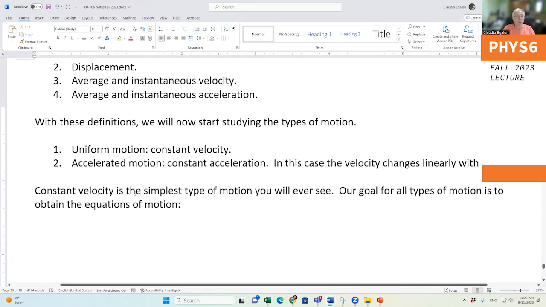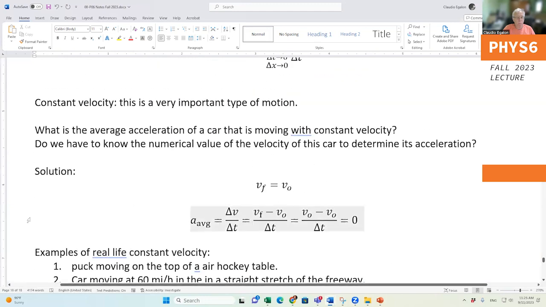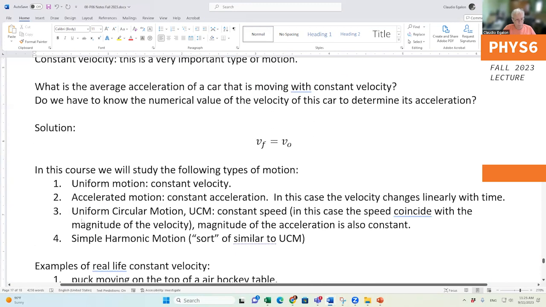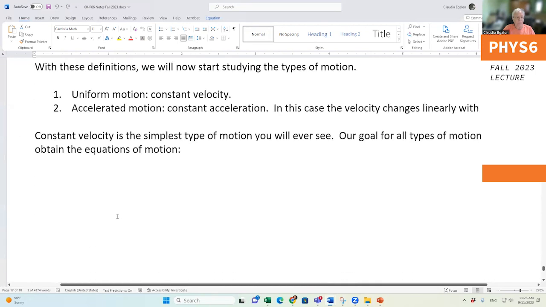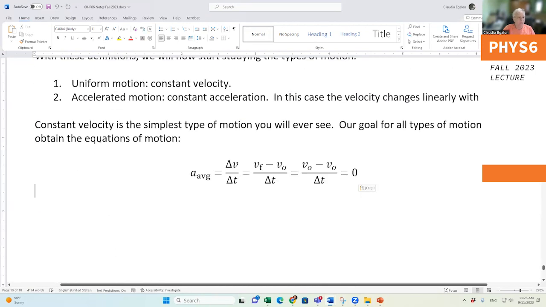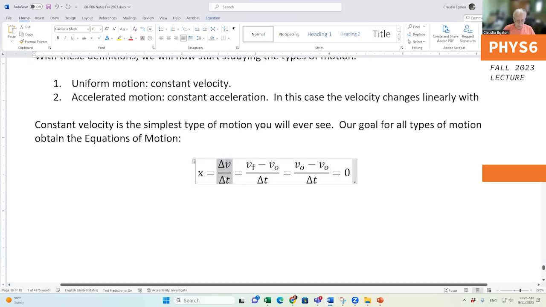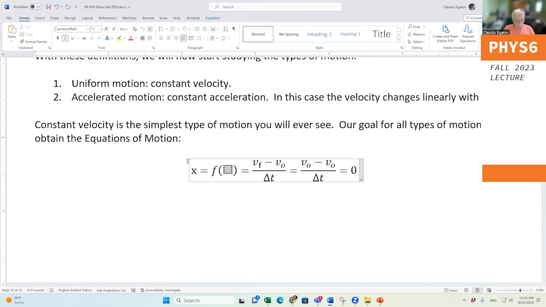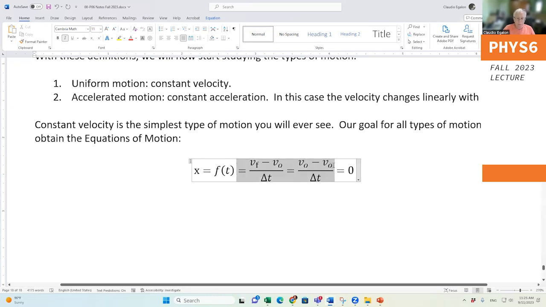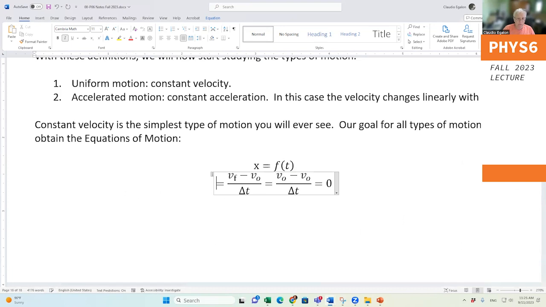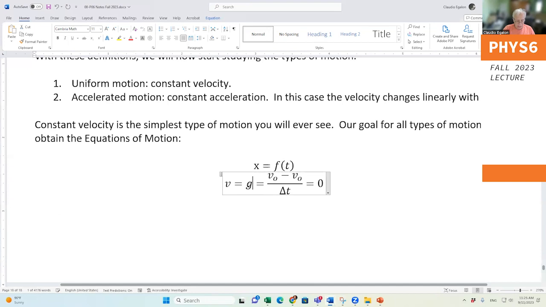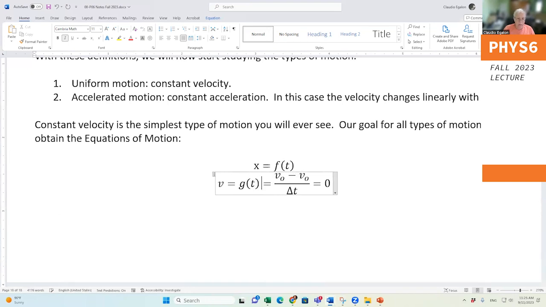Equations of motion. Equations of motion is how the position changes with time. That's one of the possible equations of motion. There are three equations of motion. The other one is how the velocity changes with time.